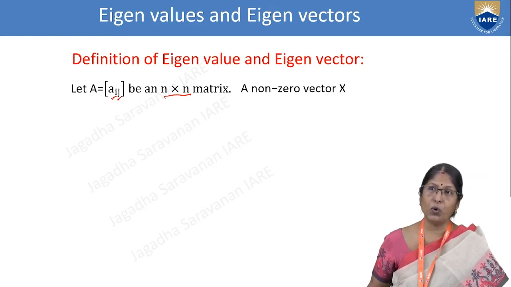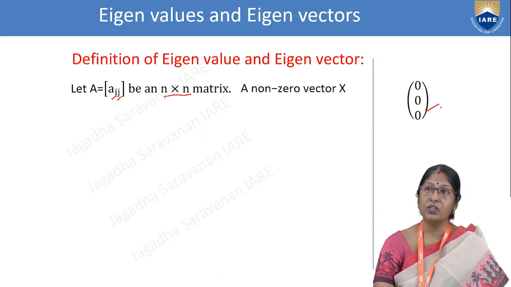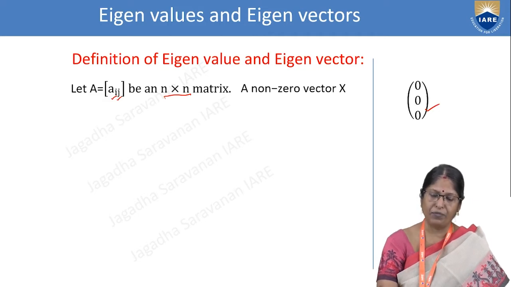A non-zero vector capital X. The meaning is that capital X is not a zero vector. So you can see here, this is a zero vector. But according to our definition, it is written non-zero vector.